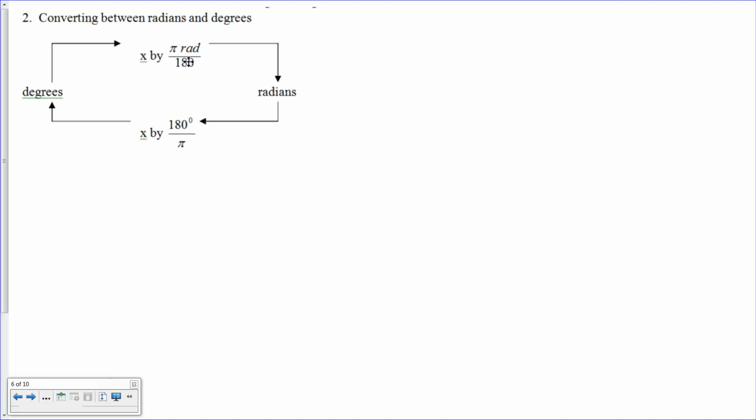You should always be thinking, what am I trying to get? Put that on the top, and then the labels will cancel what you need. I'll come back to that slide if you need it later on.